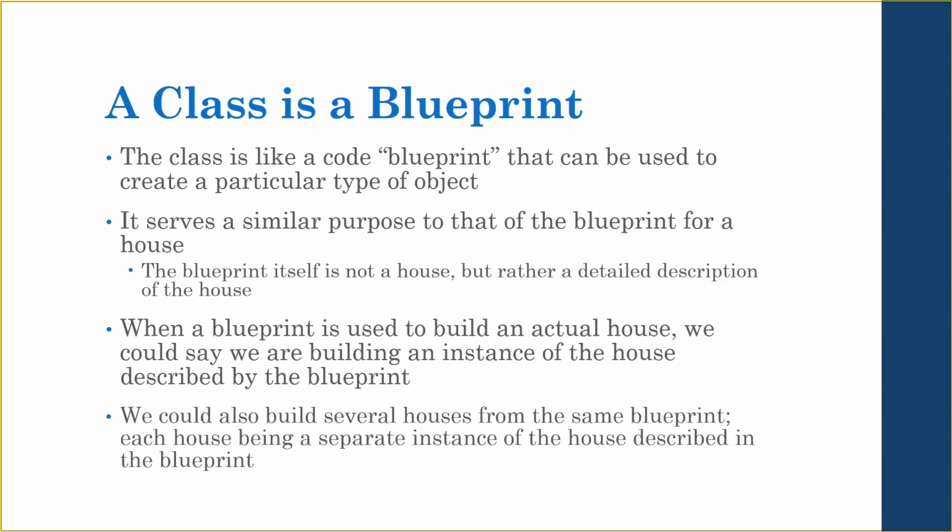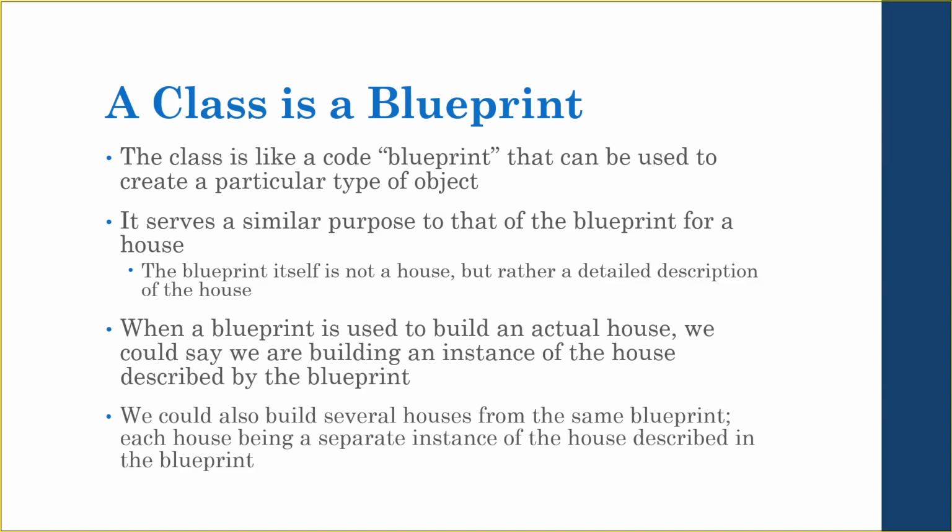The best way to think about a class is as a blueprint. If we think about the class like a code blueprint, we're going to use that blueprint to create different objects. Very similar to the blueprint of a house, right? The blueprint itself is not a house, but it does describe how to build a house, what the house is going to contain, the different rooms in the house.